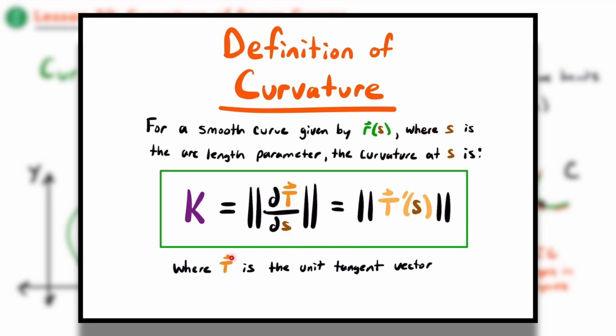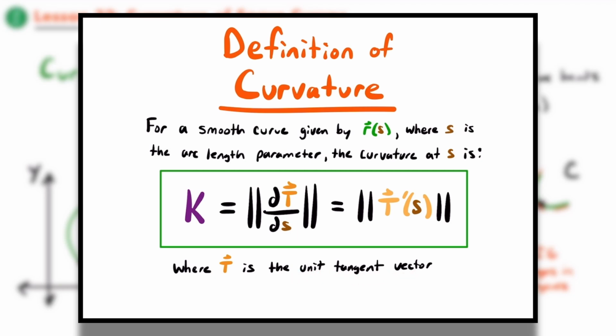Remember that the notation of the vector capital T represents the unit tangent vector. We looked at this notation and how to find unit tangent vectors in a previous lesson. A unit tangent vector is just the derivative of a vector function that is then divided by its magnitude such that the magnitude is then 1, so that you would have a unit tangent vector.